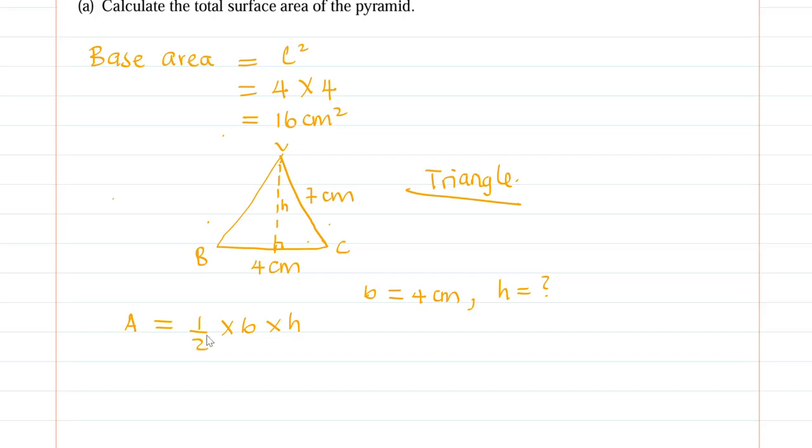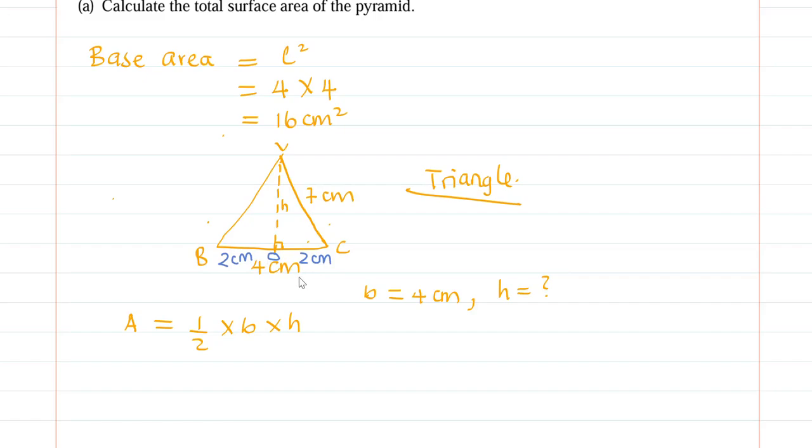So how do we find the height? For us to find the height, we need to apply Pythagoras theorem. It means we have the length BC, which is 4 centimeters. That means if I mark this point here as O, then from B to O, this side will be 2 centimeters, and then this side becomes 2 centimeters, right? So that there is a total of 4 centimeters on BC.